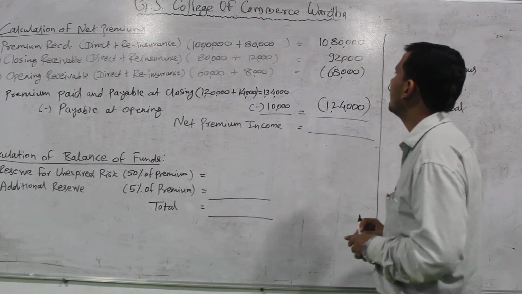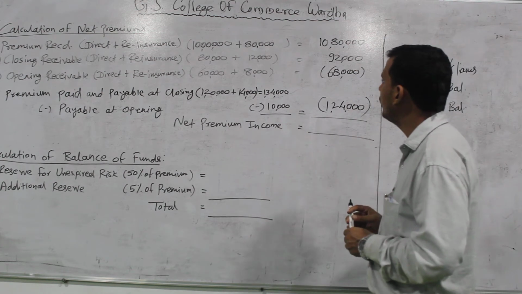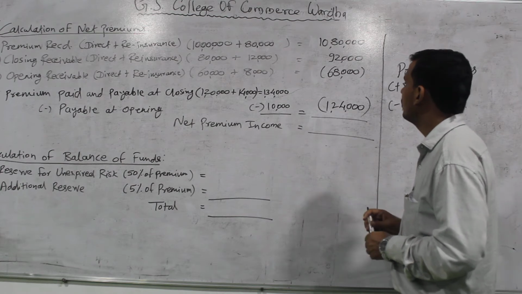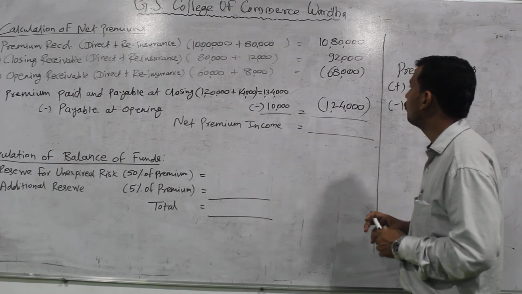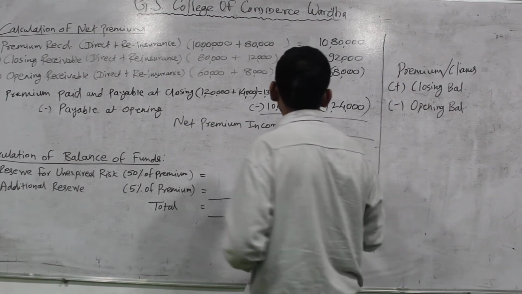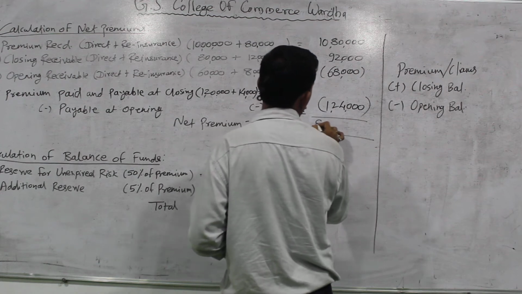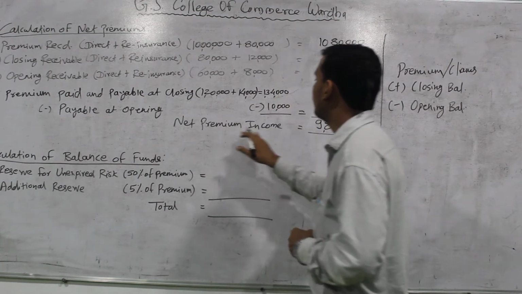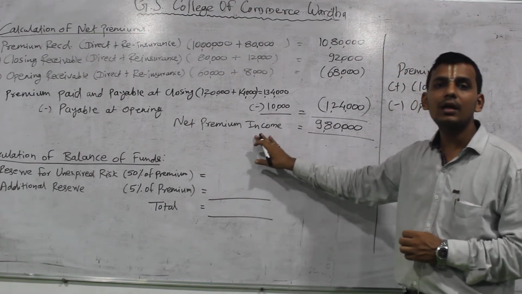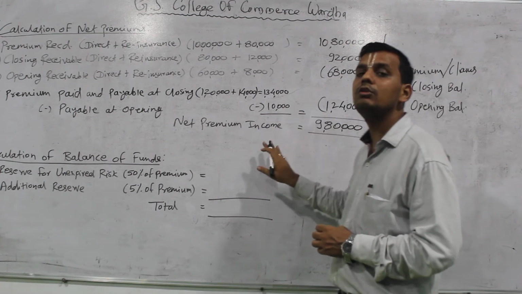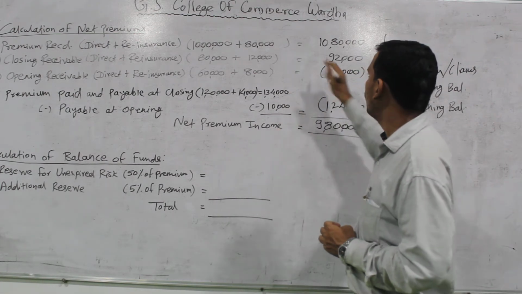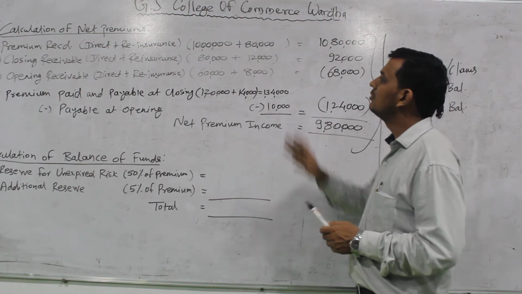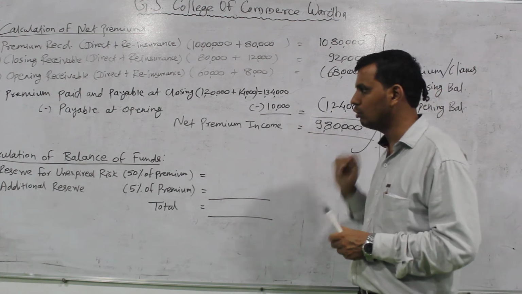Therefore 10,80,000 plus 92,000 minus 68,000 minus 1,24,000, the amount would be 9,80,000. This is our net premium income from the particular general insurance business. This is how we have to calculate the premium, and the pattern would be similar for claims also.